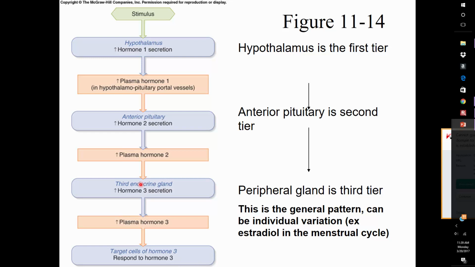I'll be able to make this clear when we get to the menstrual cycle. But sometimes there are little variations. But if you get all absorbed in the details and the variations and miss the fact that we've got this sort of 3-tier pattern, it'll be a lot harder to get at this concept. So I want you to see, we're going to go hypothalamus to anterior pituitary to peripheral gland, and that's the basic pattern of regulation.